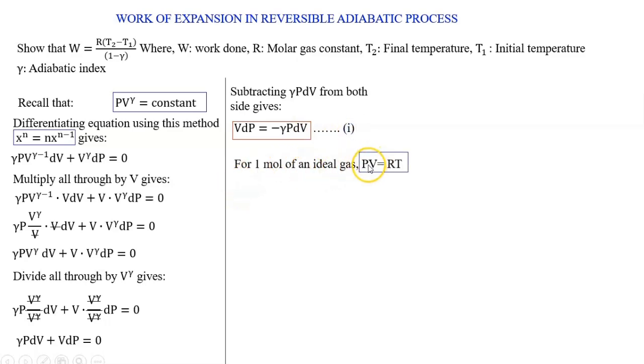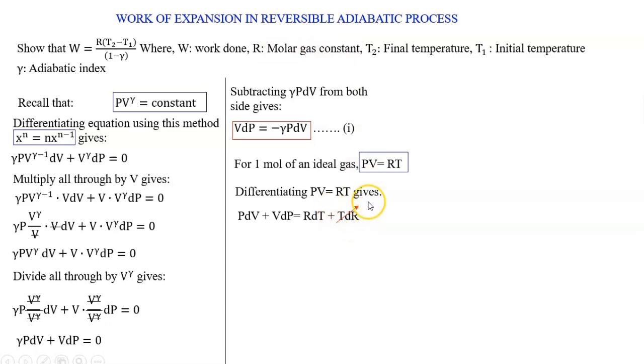For 1 mole of an ideal gas, PV is equal to RT. Differentiating PV equal to RT gives, you keep P constant, differentiate V, plus keep V constant, differentiate P, is equal to keep R constant, differentiate T, plus keep T constant, differentiate R. Since R is the molar gas constant, if you are differentiating a constant, it is going to be equal to 0.